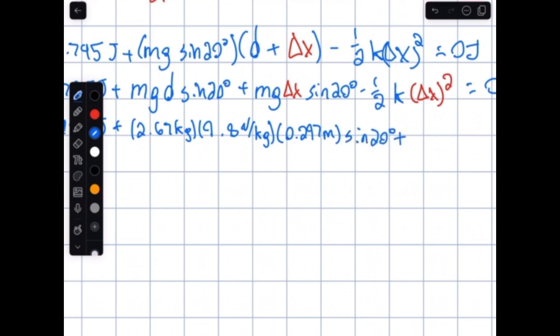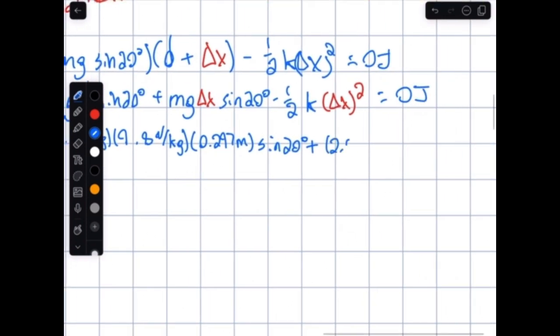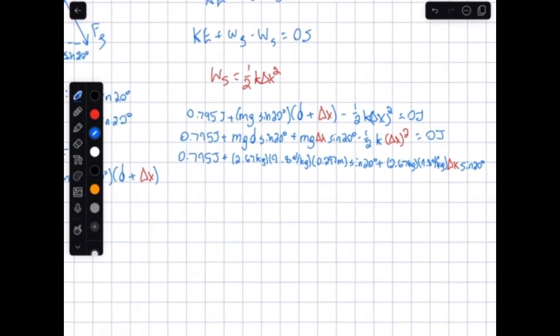And then we'll do plus mass again, 2.67 kilograms, times force of gravity, 9.8 newtons per kilogram, times delta x, which is what we're looking for, times sine 20 degrees.